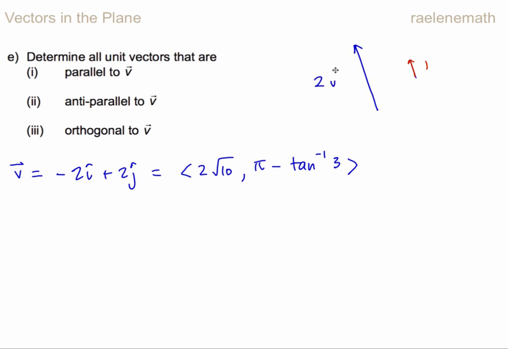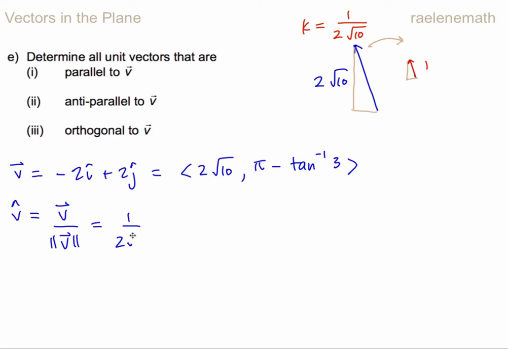And so what we're doing is we're considering again a right triangle, and we are changing the hypotenuse length by a scale factor. So we are choosing a scale factor of less than 1, in fact of 1 over 2 square root of 10. So we are going to take the vector v and divide it by its magnitude to get a vector of length 1, which we denote with unit vector notation, v hat.